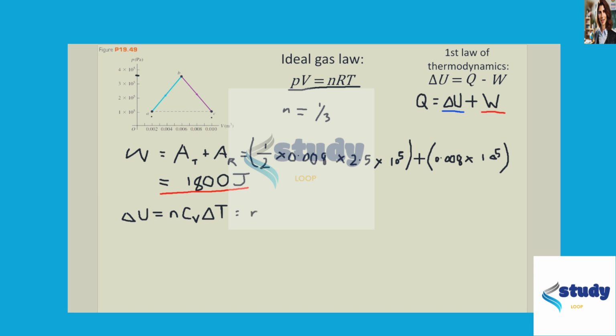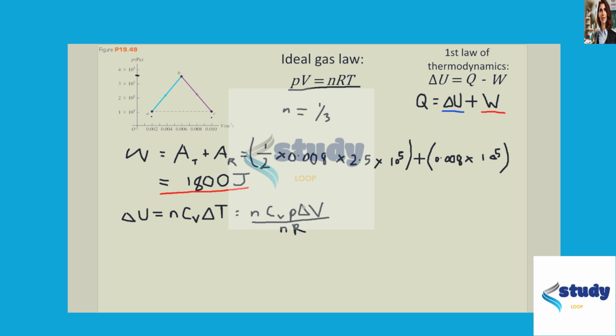So that will be N multiplied by CV, and rearranging the ideal gas law, we can substitute for delta T. So it's P delta V, and then it will be taking the nR to the other side of that equation, which will be over nR.